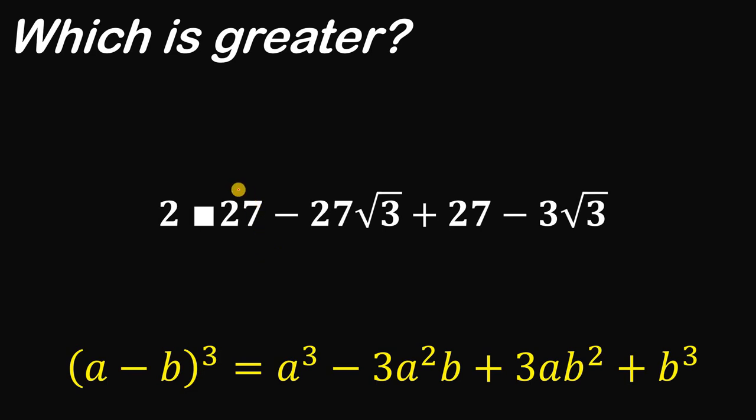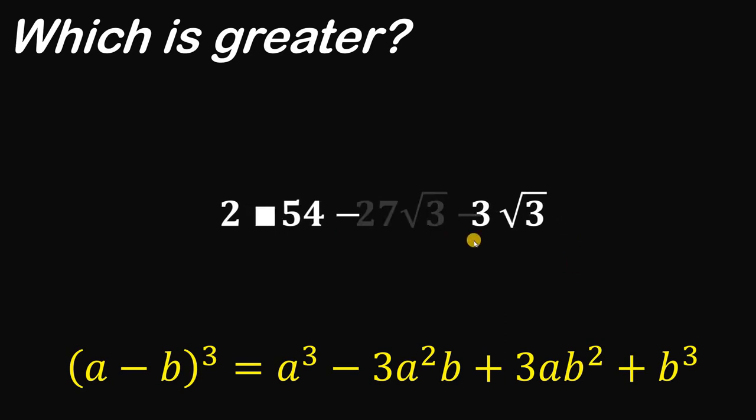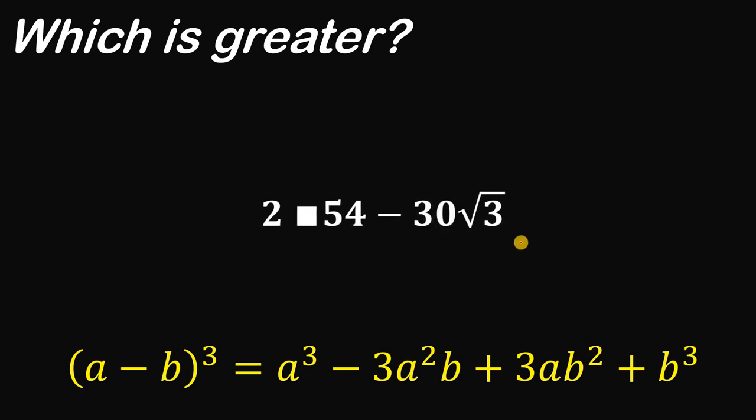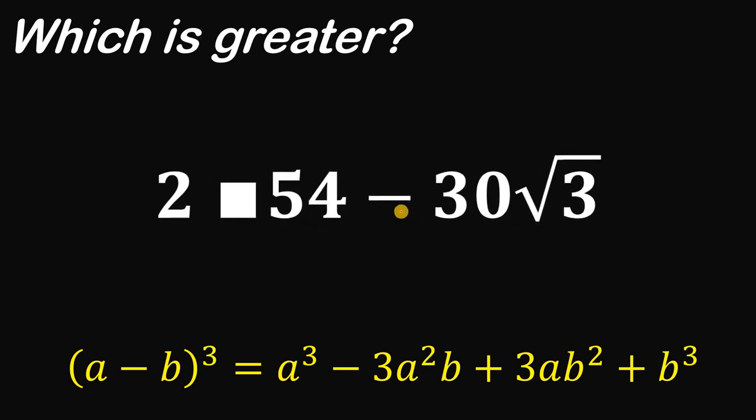Alright, now 27 plus 27, if we combine this, gives us 54. And negative 27 square root of 3 minus 3 times the square root of 3 gives us negative 30 times the square root of 3. Now let's focus on this inequality.